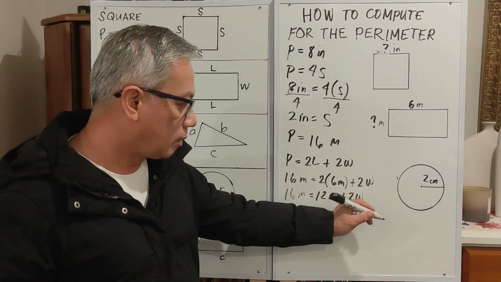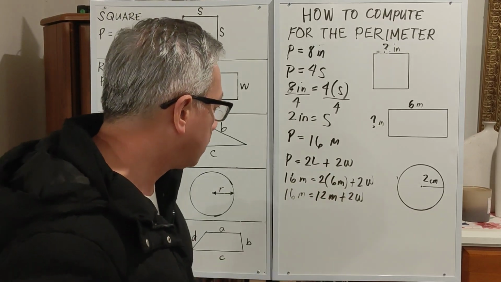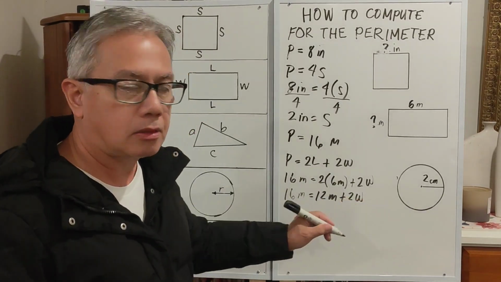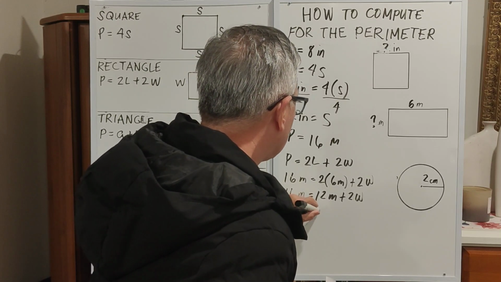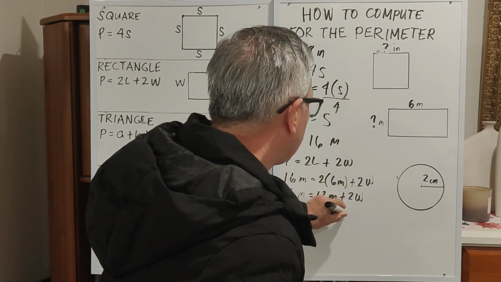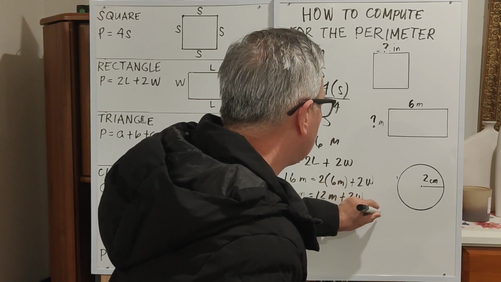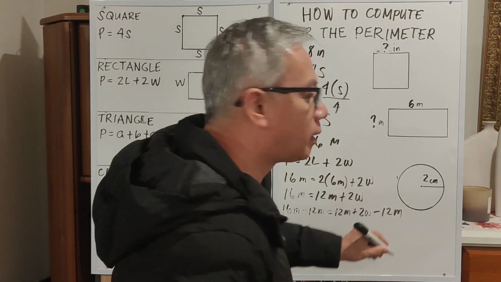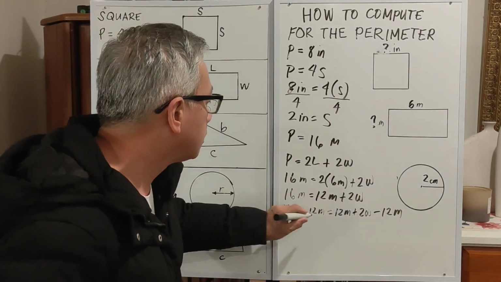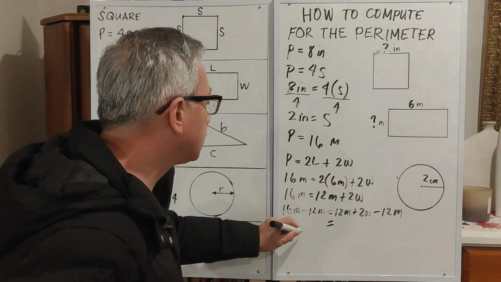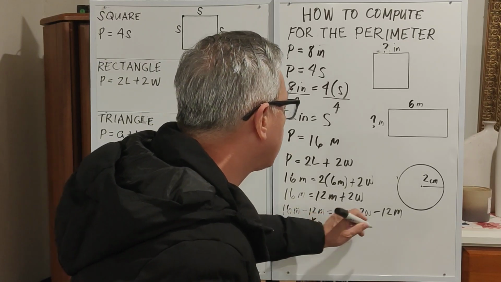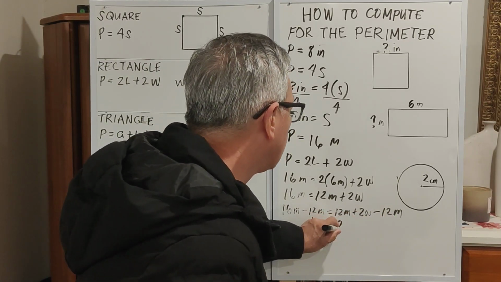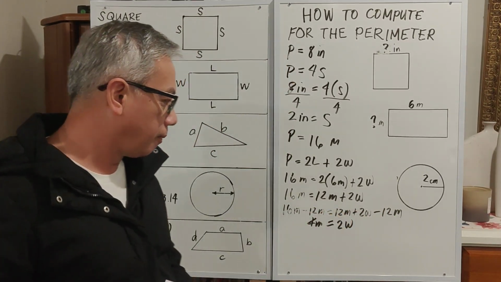We want to isolate W. It has the 12 meters, so we have to subtract 12 meters on both sides. So 16 meters minus 12 meters is equal to 12 meters plus 2W minus 12 meters. 16 meters minus 12 meters is 4 meters. 12 minus 12 becomes 0, so we are left with 2W.